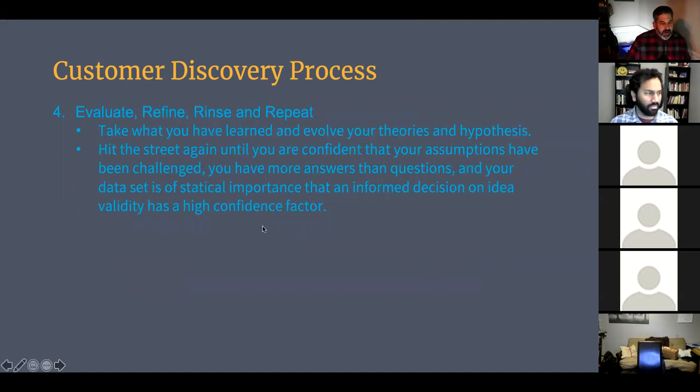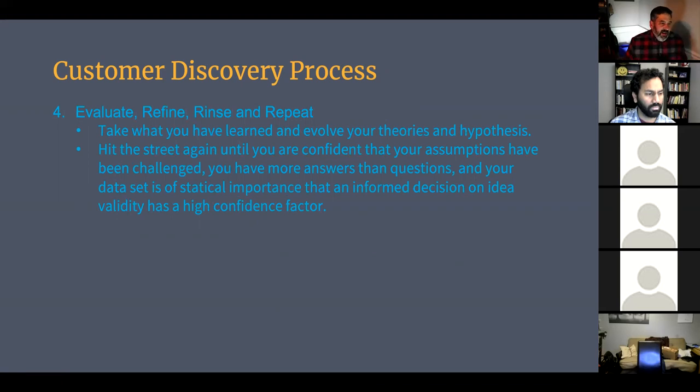Okay, and the last part is rinse and repeat. Evaluate, refine, rinse and repeat. I mean, you need to take what you've learned, evolve your theories and hypotheses, hit the street again until you're confident that your assumptions have been fully challenged. You have no native bias in the way, or those that were your native bias are actually validated by others. You have more answers than questions, and your data set is statistically important to a certain extent that an informed decision on the idea and its validity is in a high confidence, right?